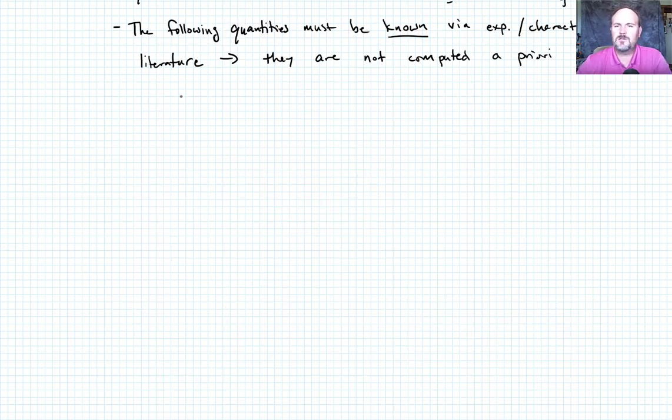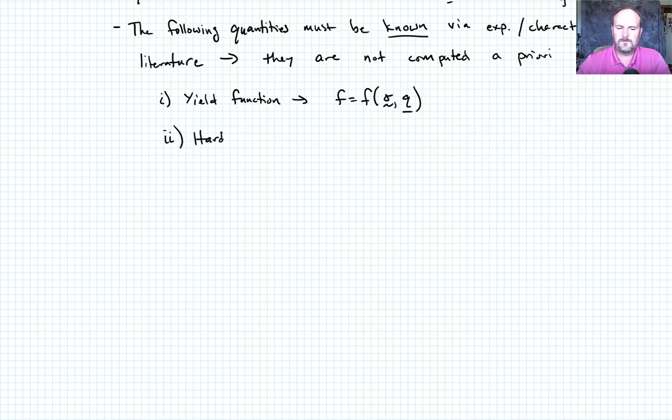Okay, so those quantities are, number one, the yield function. In some sense you'll decide that as the user. So the yield function is F, which is a function of sigma and some set of internal variables. Number two, the hardening function. It's a scalar.